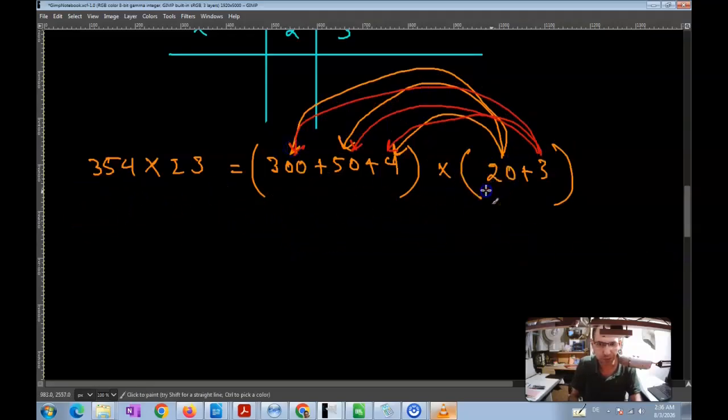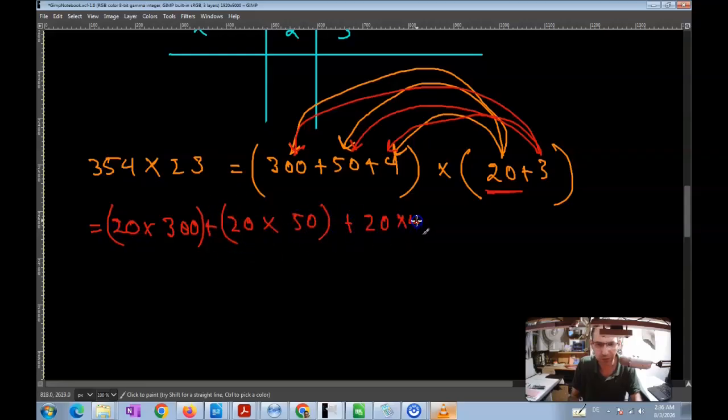So the first number 20, so that's 20 times a 300 plus a 20 times a 50 plus a 20 times a 4.